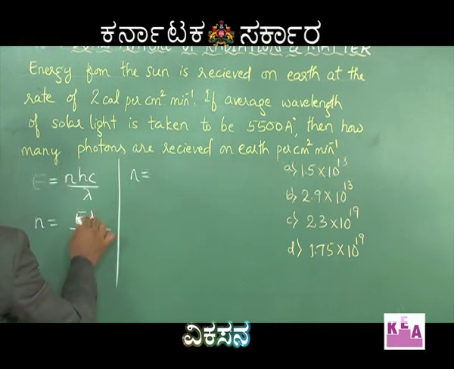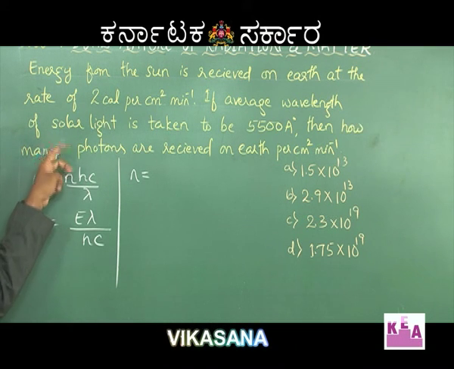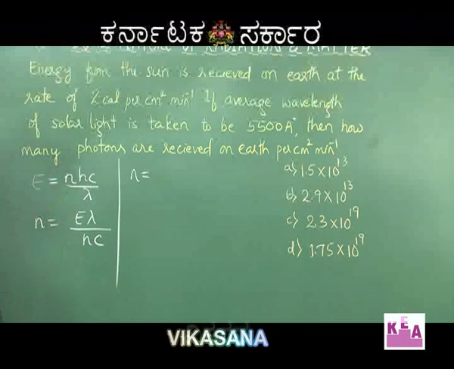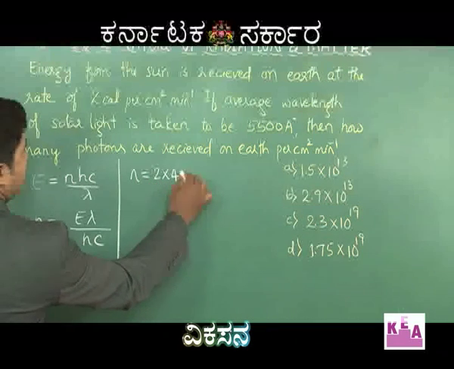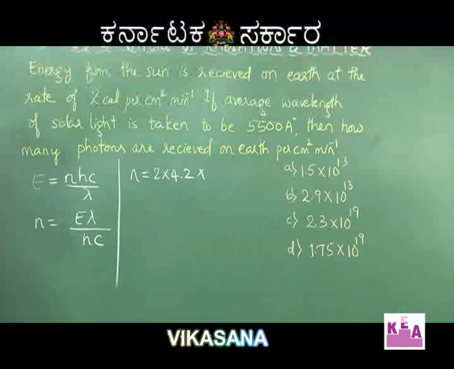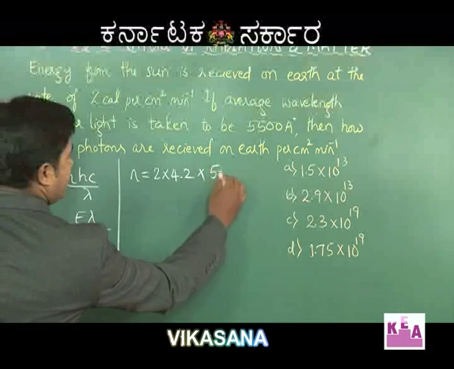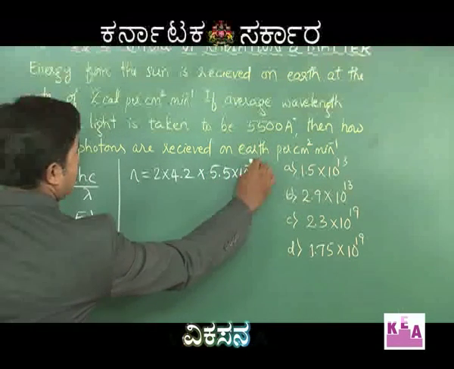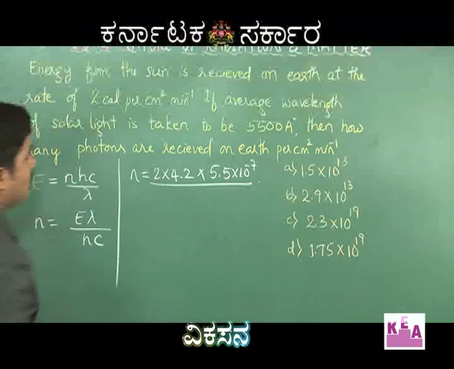N is equal to, E is 2 into 4.2, because 1 calorie is 4.2 joule. So it is 2 into 4.2. It is now converted into joule, and lambda is 5500 angstrom. How do I write 5500 angstrom? It is 5.5 into 10 power minus 7. I hope all of you followed this.